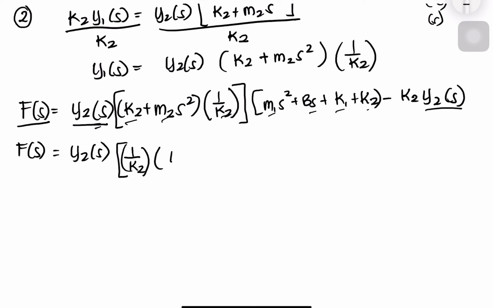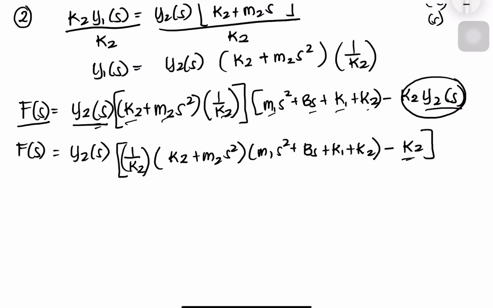Pinagpalit ko lang. k2 plus m2s squared times m1s squared plus bs plus k1 plus k2 minus k2. So, this one is from here. Finactor out lang natin yung y2.